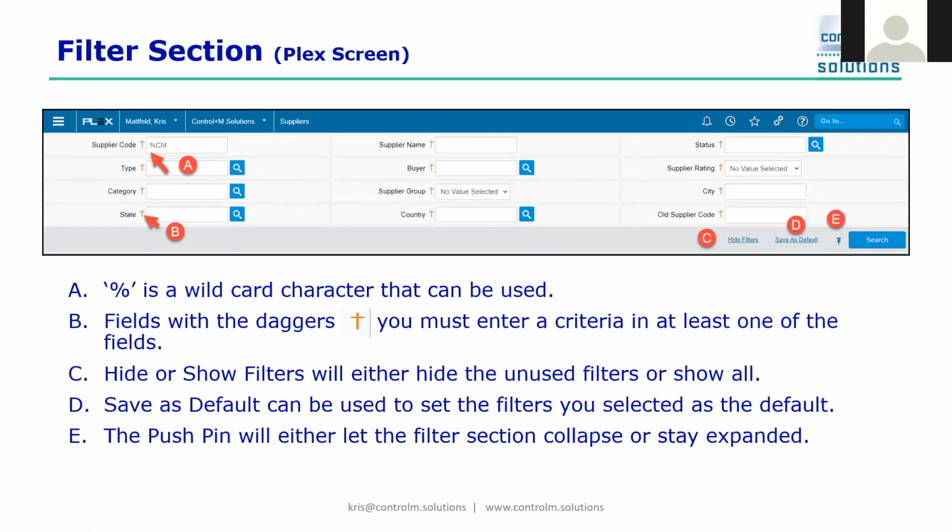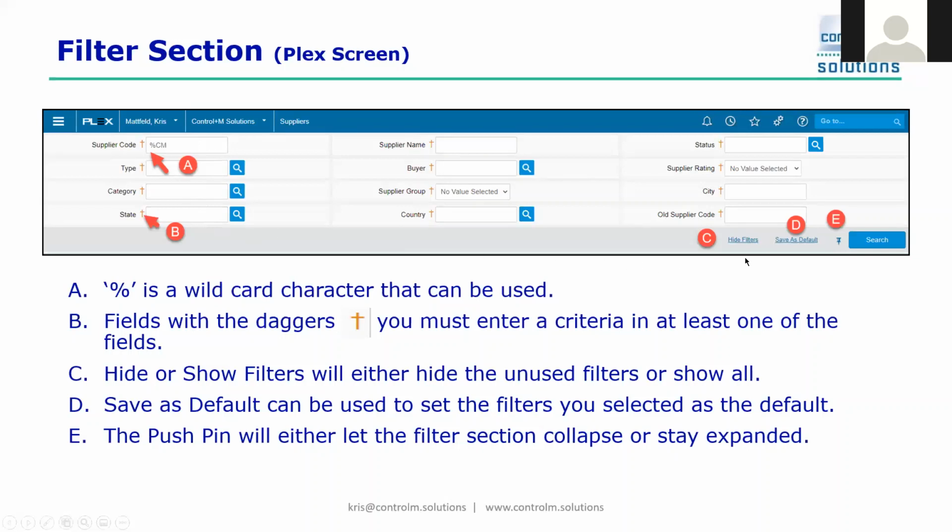What this is indicating is at least one of these fields must have a criteria entered into it. If you went into Plex and you tried to run this particular screen wide open, it's going to give you an error message. It's going to say, hey, you've got to give me at least a criteria. And Plex will show you which fields need the criteria, and I can show you that as well.